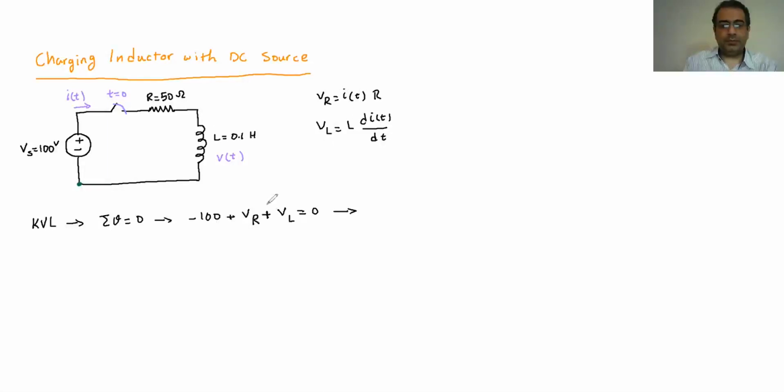So if I replace these two in this equation and take the 100 to the other side, I have i(t) times R plus L di(t)/dt equal to 100.